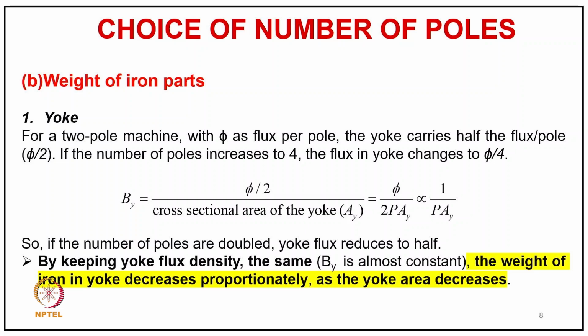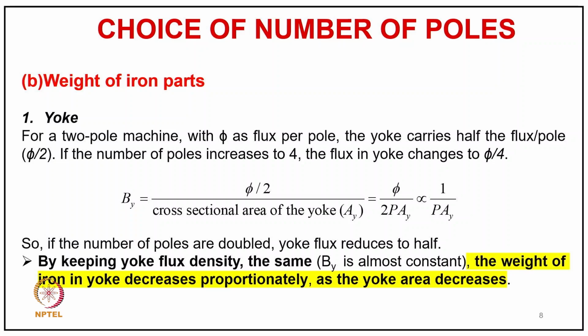Now, coming to the weight of the iron parts. First is the yoke. For a two pole machine with phi as the flux per pole, the yoke carries half of the flux, phi by 2. If the number of poles increases to 4, the flux per pole changes to phi by 4. So the yoke flux density By equal to phi by 2 divided by Ay, the cross section area of the yoke, becomes phi upon 2 p Ay, or proportional to 1 upon P into Ay.